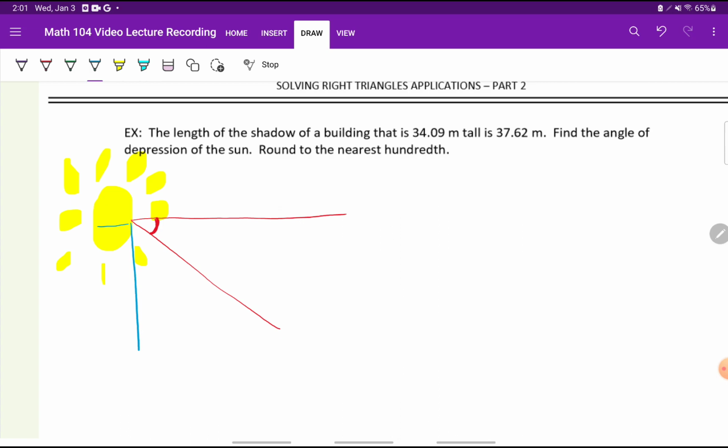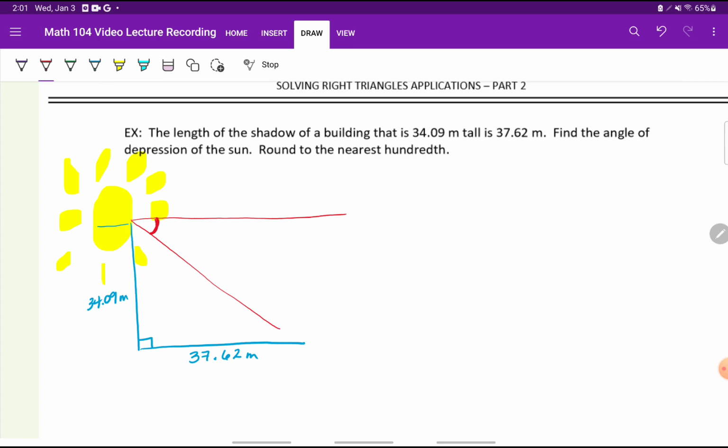So we have our building that is 34.09 meters tall, and it's casting a shadow that is 37.62 meters long. And we want to find the sun's angle of depression.